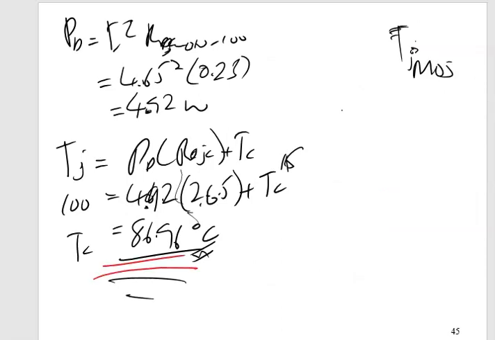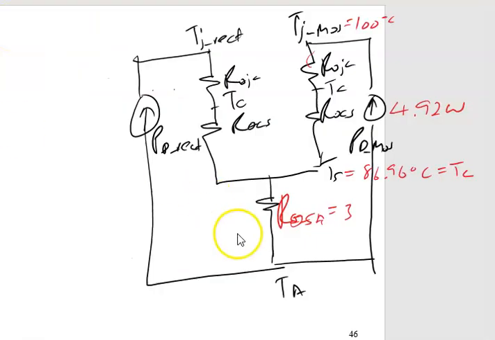So next is to find out the contributions to TC from the PD of our rectifier. Again, we have been told that TJ MOSFET is 100 degrees C. We found the power that needs to be maintained at 4.92 watts, and it produces a TC of 86.96.